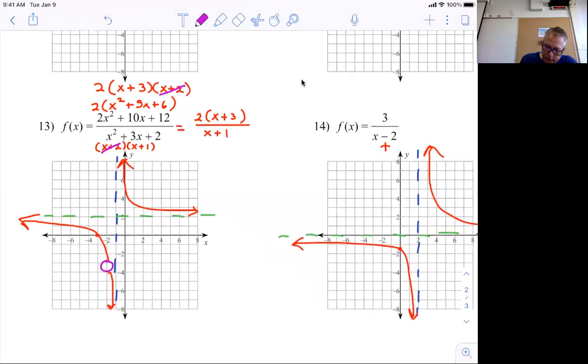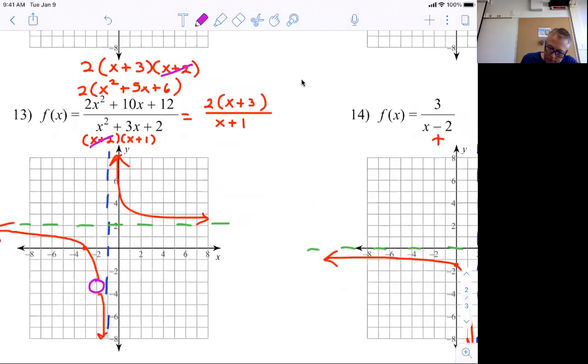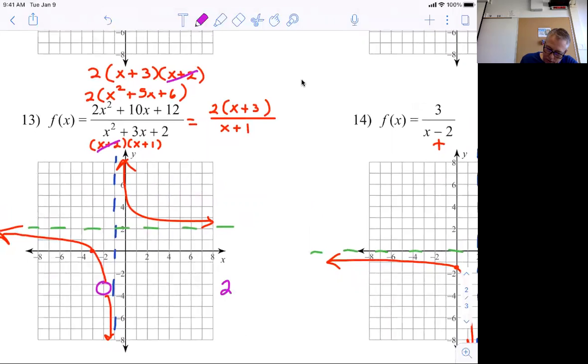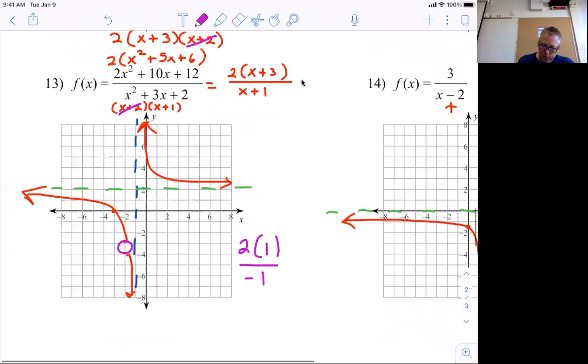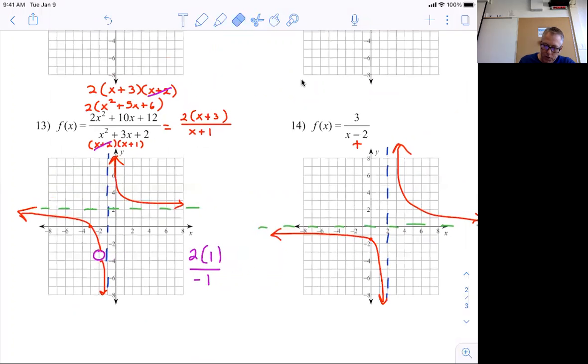So I'm plugging in -2 for x: 2 times -2 plus 3 would be 1 over -2 plus 1, which is -1. It would be at -2. So I guess in my picture, this blue hole should be a little higher here. Should be at (-2, -2).